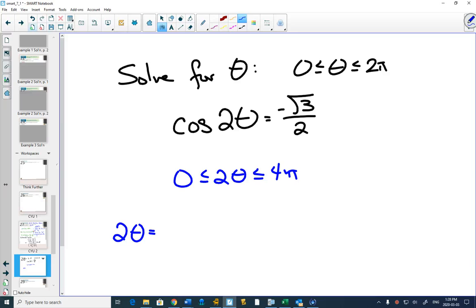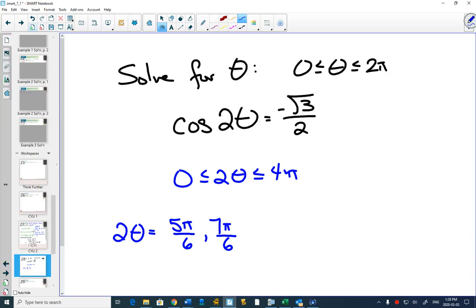So what's my pi over 6 in quadrant 2? 5 pi over 6. What's my pi over 6 in quadrant 3? 7 pi over 6. But this is only my first time around. 2 theta is between 0 and 4 pi, so we need to go a second time around.